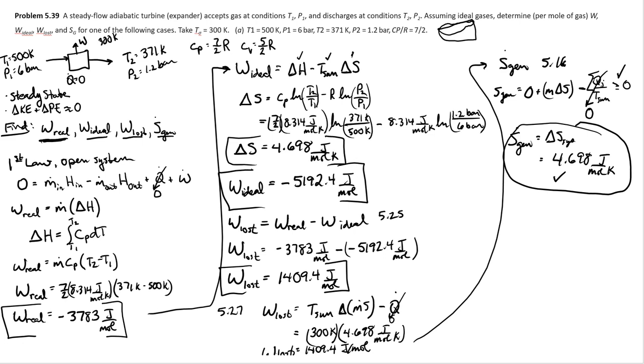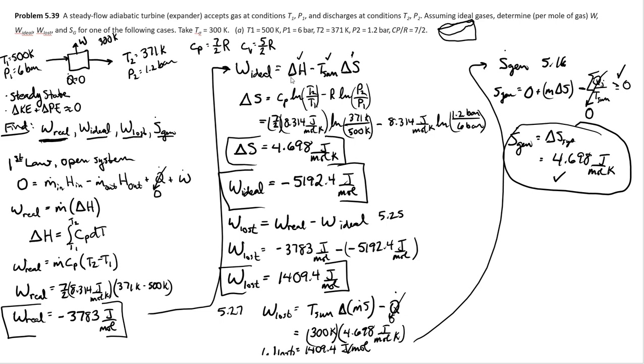So that is our entropy generation, and look, that is greater than or equal to 0, so the second law is validated. Now the question is, what if I had given you a Q? This would have been a heat rejected to the surroundings because it has to go from hot to cold. That would have affected your work calculation. Would it have affected the ideal calculation?